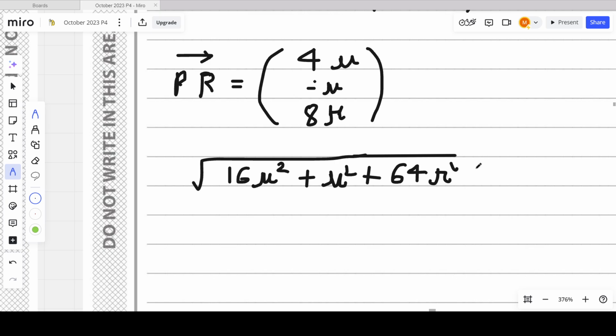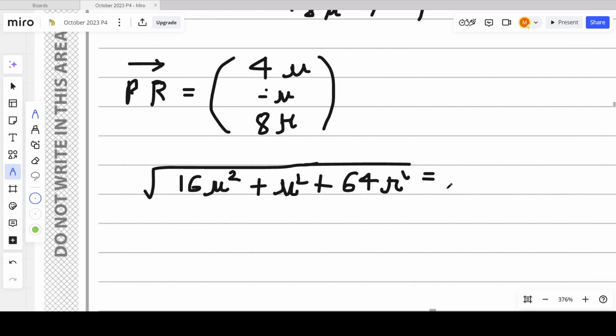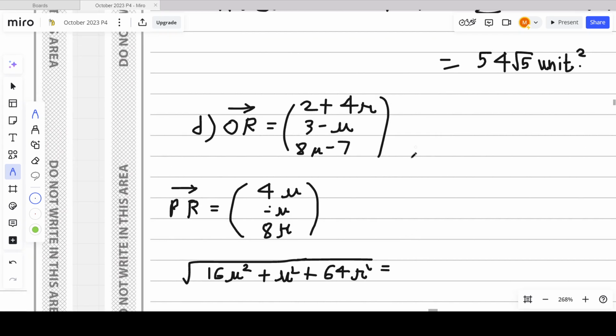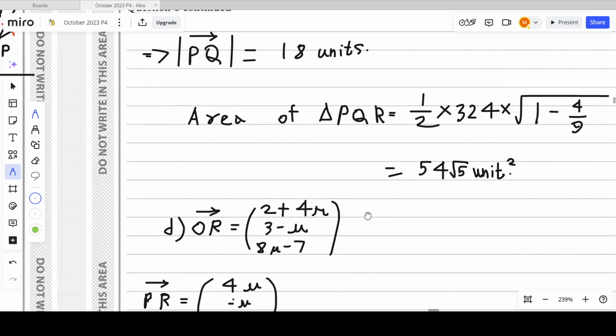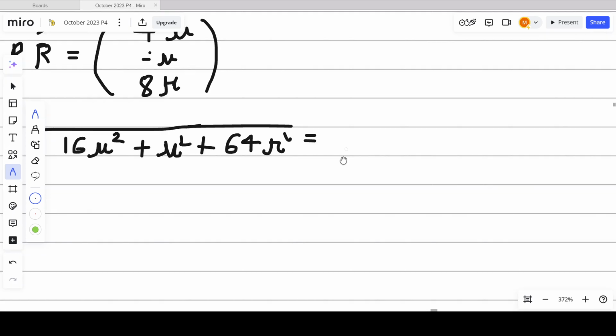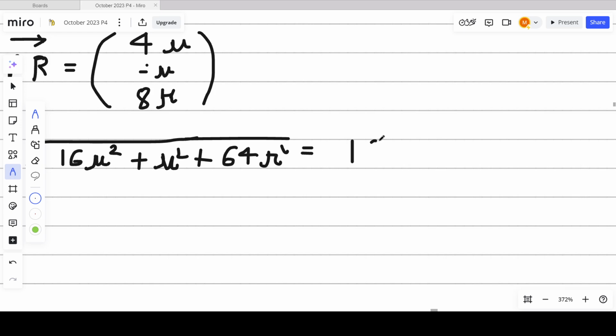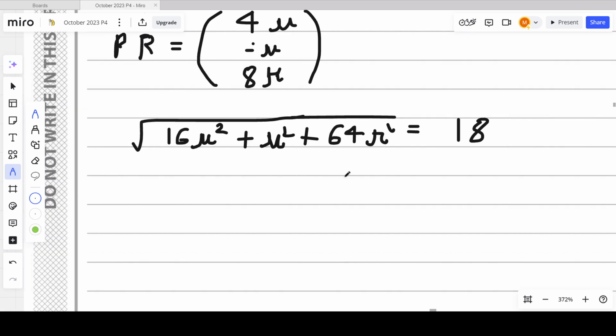This is equal to the square root of 324, as we got earlier, which is 18. So length PR equals 18. Now 16 plus 1 is 17, plus 64 is 81, so the square root of 81 mu squared is 9 mu. 9 mu equals 18.